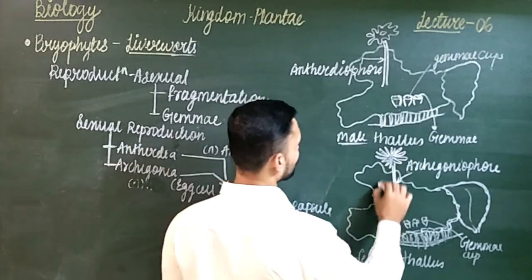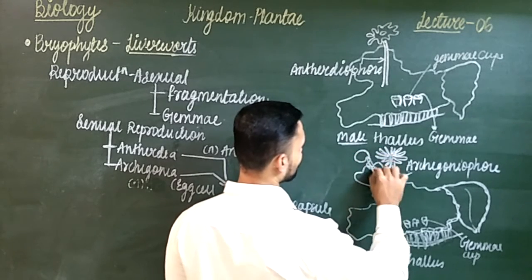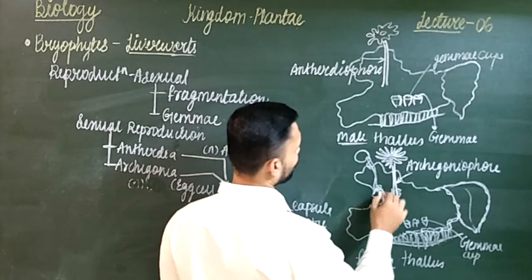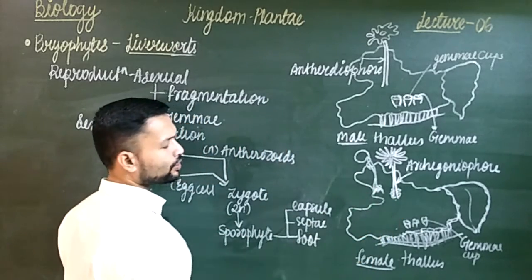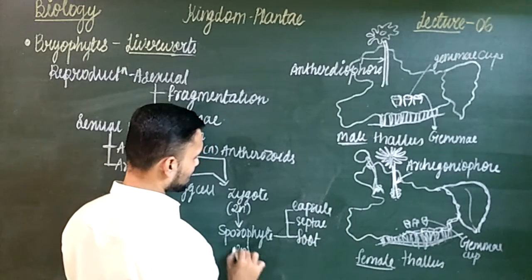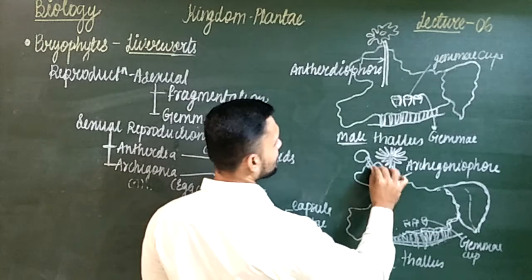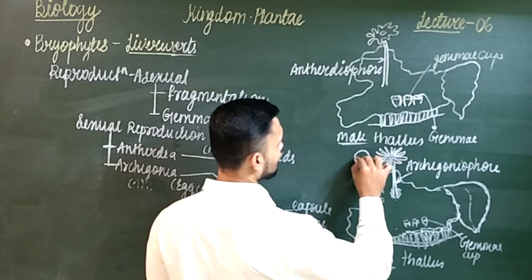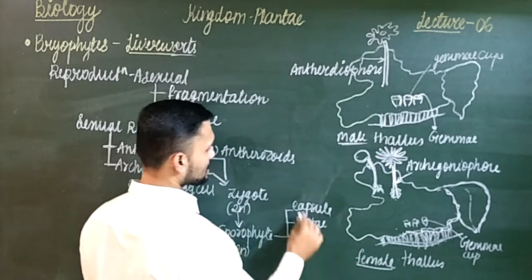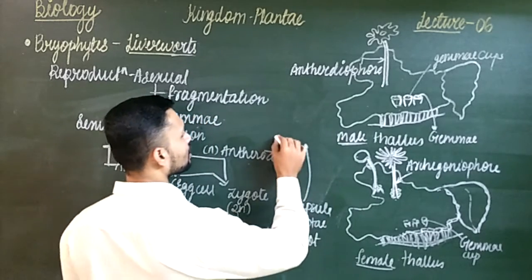It will have a foot, but it is dependent on the gametophyte. So the sporophyte is nourished by the gametophyte, and then it bears a capsule-like structure, which obviously bears what?